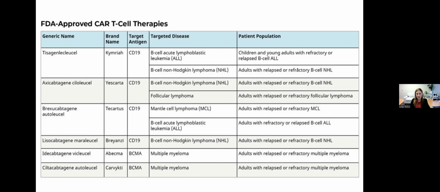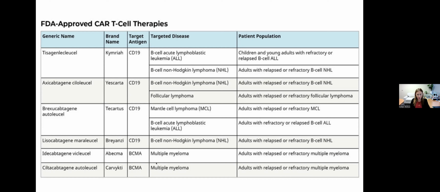So these are patients that have undergone 3 or more lines of chemotherapeutics prior to receiving their CAR T. These are patients that have gone through a lot, and yet they still have significant response. So this is why it's so revolutionary: all of these lines of therapy have failed, yet patients have had up to a 50% durable response related to the CAR T.